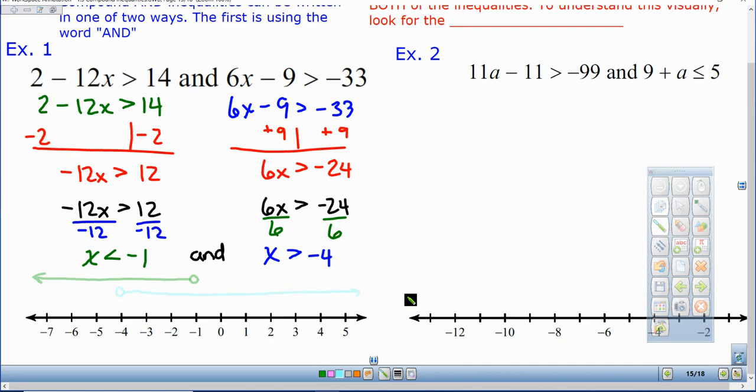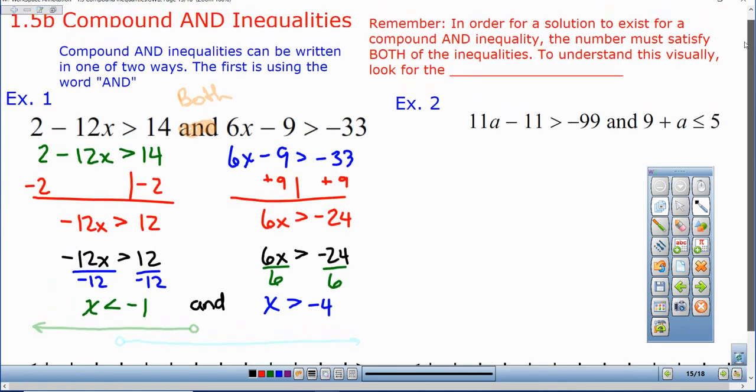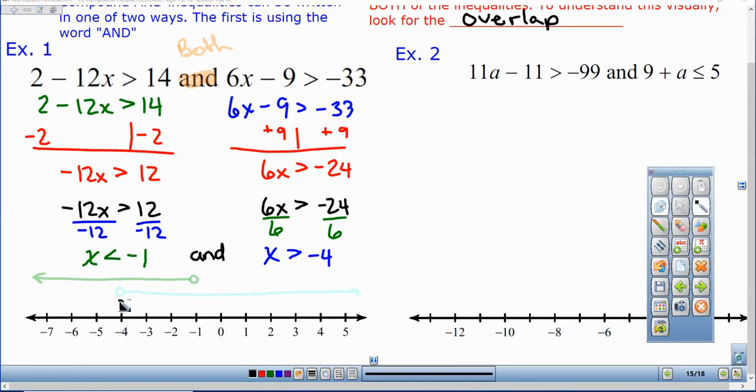It's not my answer just yet, but we're looking for the numbers that not only are in the green section, meaning they satisfy the first inequality, but they're also in the blue section, which satisfies my second inequality. Because remember, because of the word and, you need both. So where is that? Well, you're trying to look for the overlap of these two graphs. So it goes from -4 up to -1.